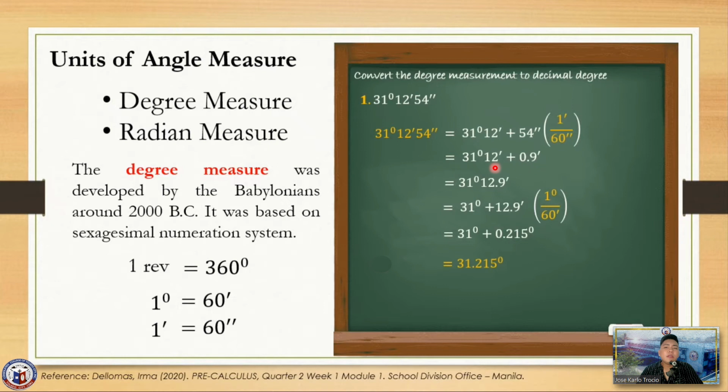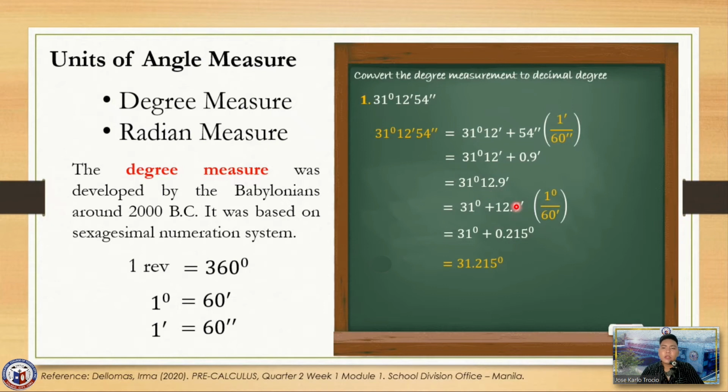And then you can combine 12 minutes plus 0.9 minutes, since they have the same unit already. So you have 12.9 minutes, and again 12.9 still has a decimal.